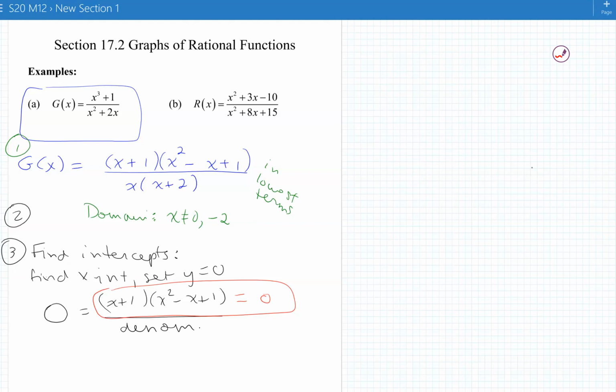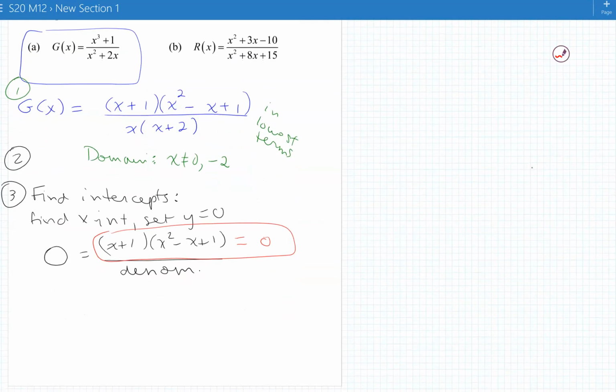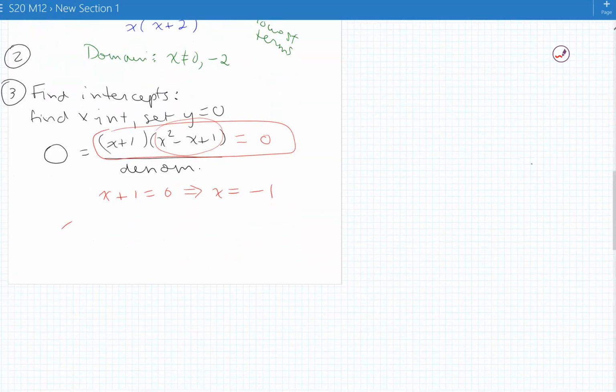Well, when we factor a sum of cubes, this quadratic part is never factorable. You can check it if you like. So the numerator will be 0 when x plus 1 equals 0. So when x equals -1, so the x-intercept is -1, 0. So that's a point we know has to be on the graph.